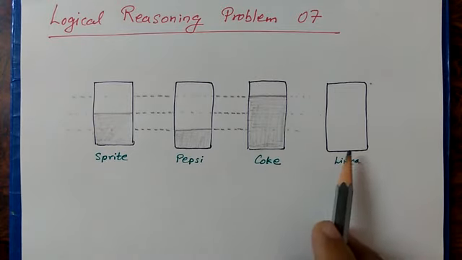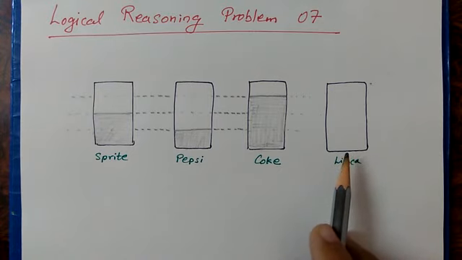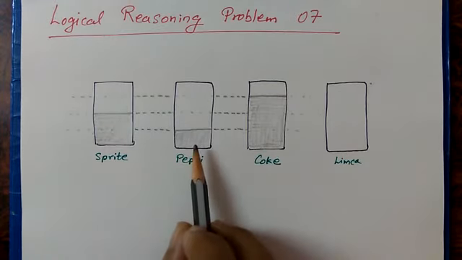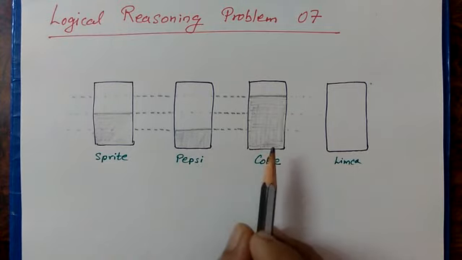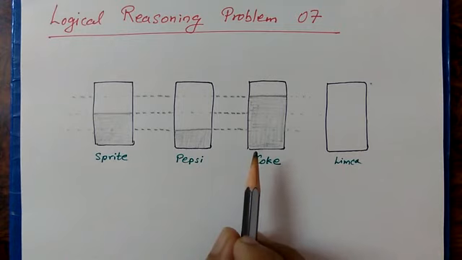This is according to condition number 4. So one of these bottles is having 2.2 liters of soft drink. Now, which one of them we still don't know yet. So let's move on.